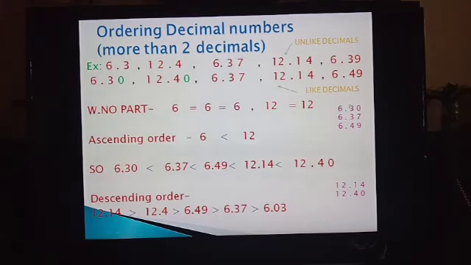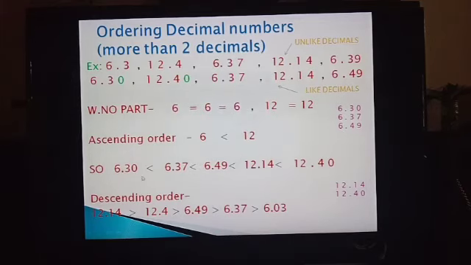If you compare the 10th place digit, the 4 is greater and the remaining 2 are having the same. So between these two, one decimal comes first. Again to check which decimal comes first, we need to check the 100th place digit, that is 0 and 7. Between these two, 0 is smaller, so 6.30 comes first, next 6.37 comes, next 6.49.